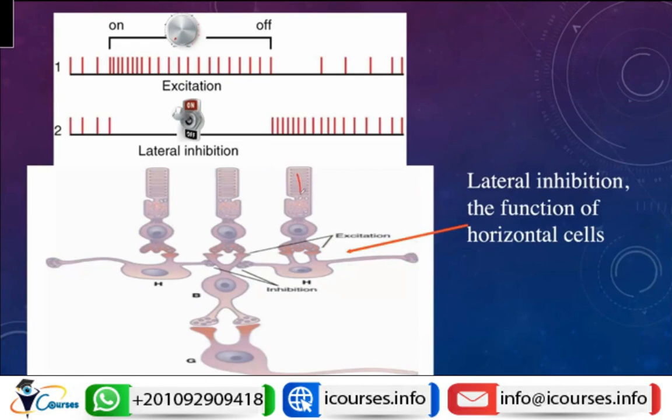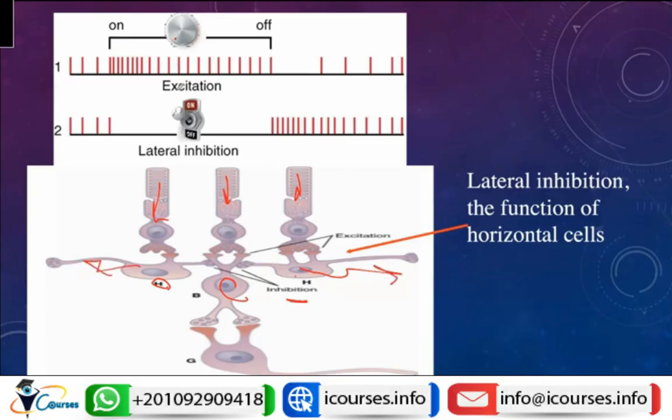So here we have the photoreceptors. The photoreceptors cause excitation of the bipolar cells, and here the horizontal cells are acting horizontally. By doing so, they inhibit certain bipolar cells, so they prevent the lateral spread of impulses to both sides.